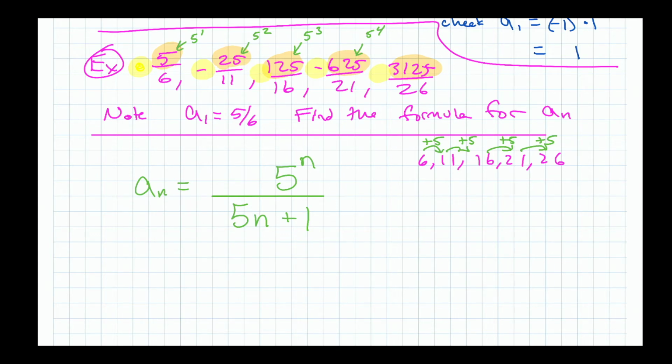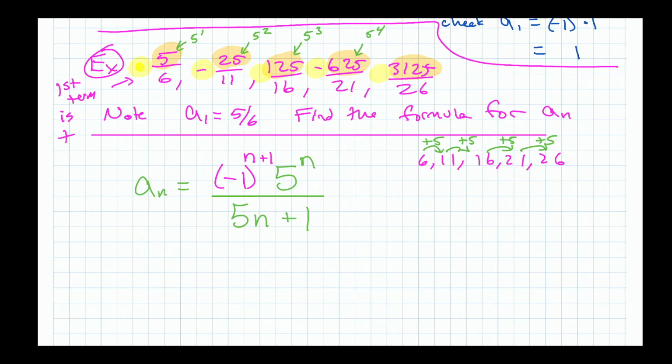So we'll do that, -1 to the n. But remember, -1 to the 1 is -1. So you look at the first term and see that its first term is positive. So when I plug in a 1, I need to get a positive number. I'm going to get a negative number unless I change this to n plus 1.